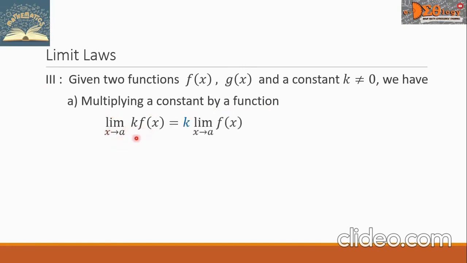In here, we can take the limit of the function f of x as x approaches a. Afterwards, we will multiply it by the k. So we can see here that k times the limit of f of x as x approaches a.